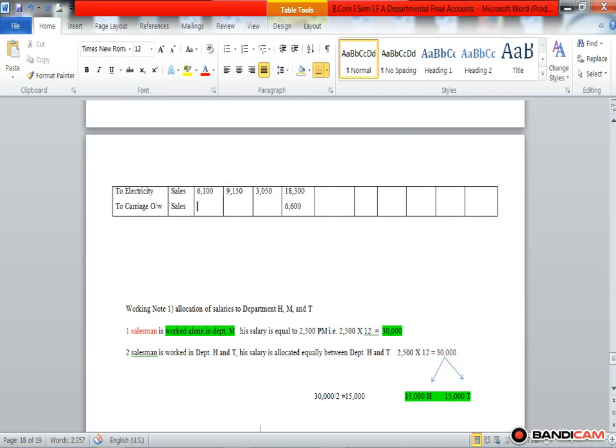So Department H amounted to rupees 2,200, Department M 3,300, and T amounted to rupees 1,100. Okay.